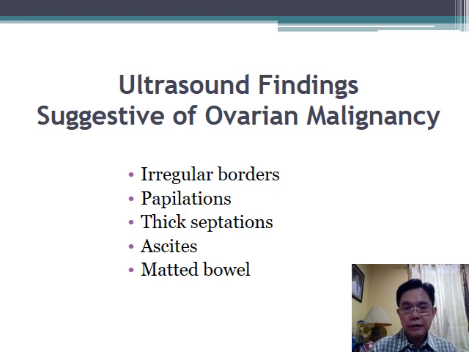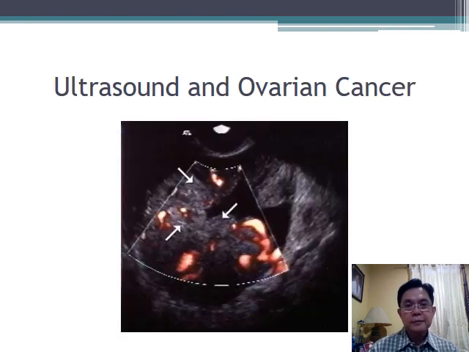These are more or less indicative, if found, highly suspicious for the presence of ovarian cancer. So this is an ultrasonographic picture of a woman with ovarian cancer, and a Doppler flow study was requested, and you will see that there are areas which showed positive Doppler flow, and therefore this is highly indicative of an ovarian cancer.